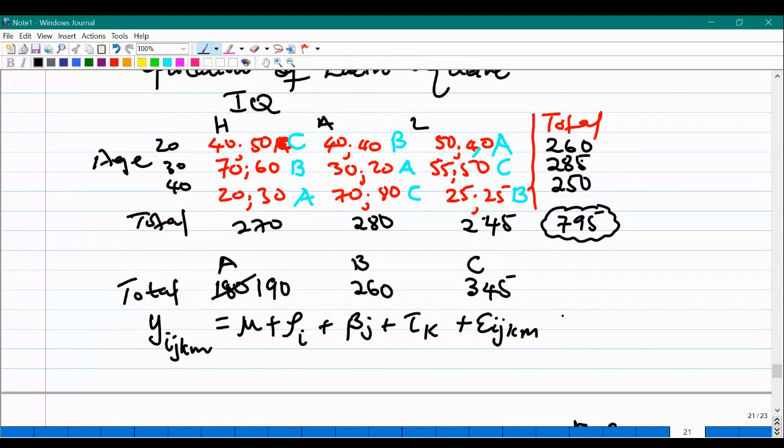Now, I said answer the question based on the given problem. You must indicate now the level of each factor here, isn't it? I goes from what? I is represented by 1, 2, 3.